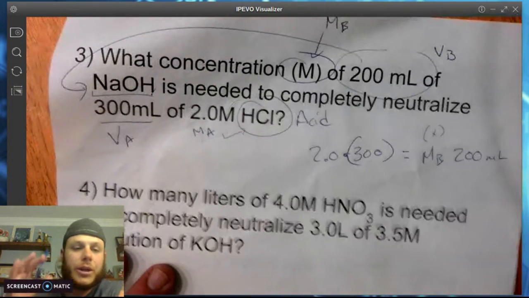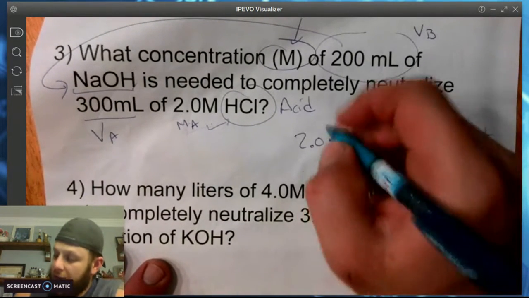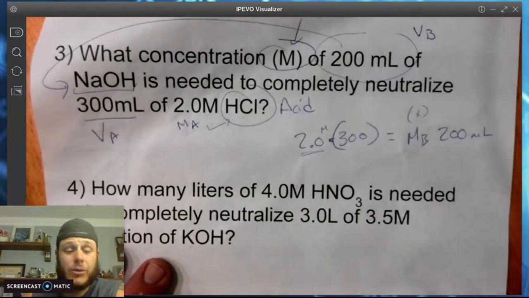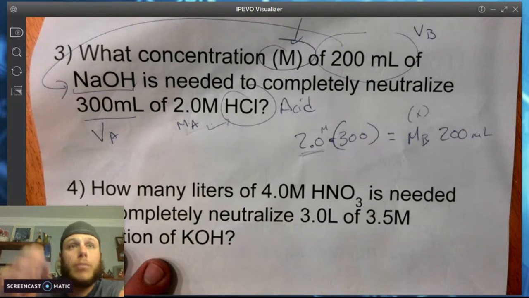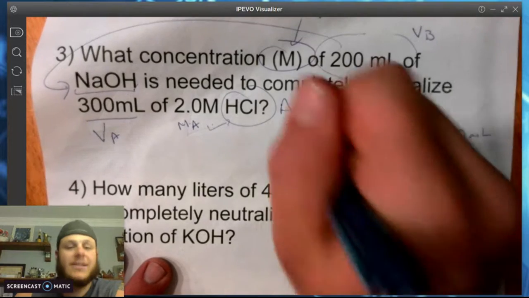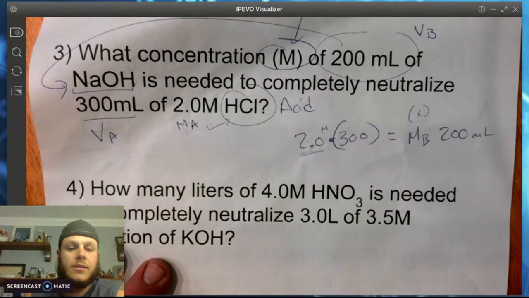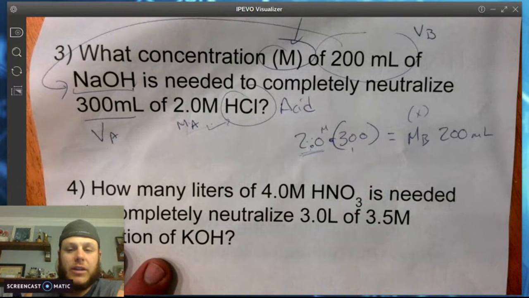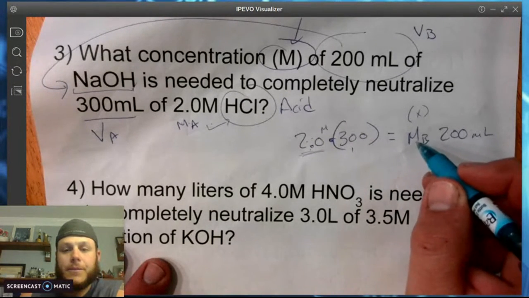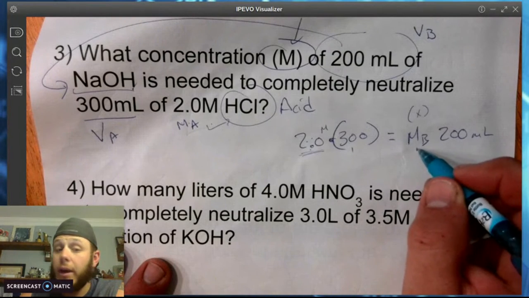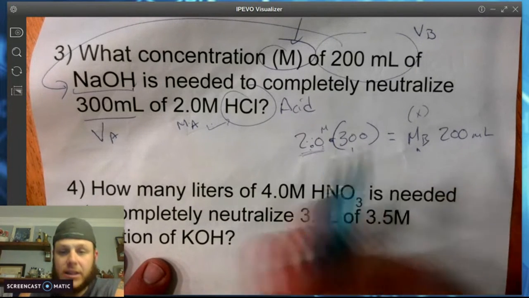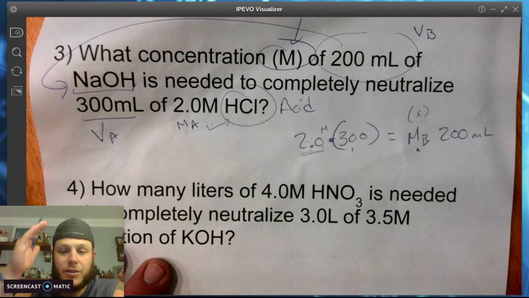Before I go, I want to reiterate what we're doing here. We have a 2 molar solution, meaning 2.0 moles per liter of hydrogen ions, and I have 300 milliliters of that. Once I find MB, this is the amount of OH minus that was needed to make this a completely neutral solution with a pH of 7.